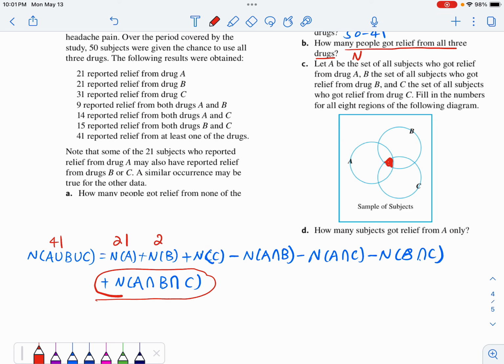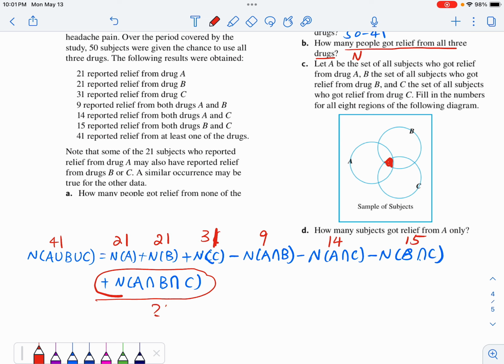N of B is 21. N of C is 31. And 9 reported from both A and B, so this is 9. Then 14 for both A and C, so this is 14. And 15 from both drugs B and C, so this is 15.